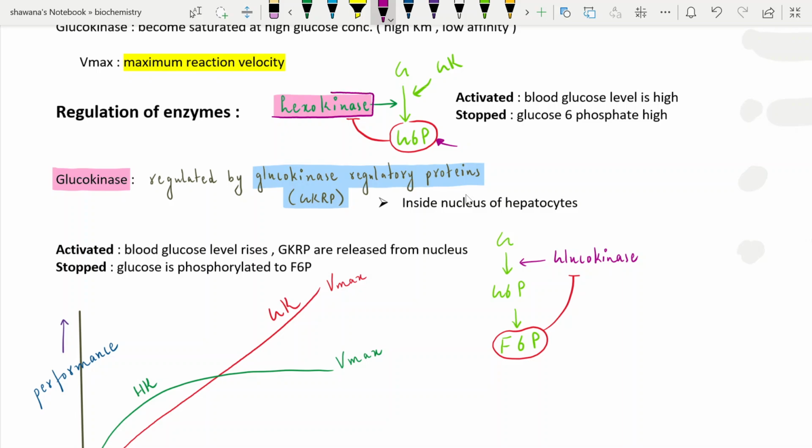Hexokinase is activated when the blood glucose level is high. It means that when the blood glucose level is high, the cell is taking in the glucose and immediately that glucose is being converted to G6P. So hexokinase should work in this condition.